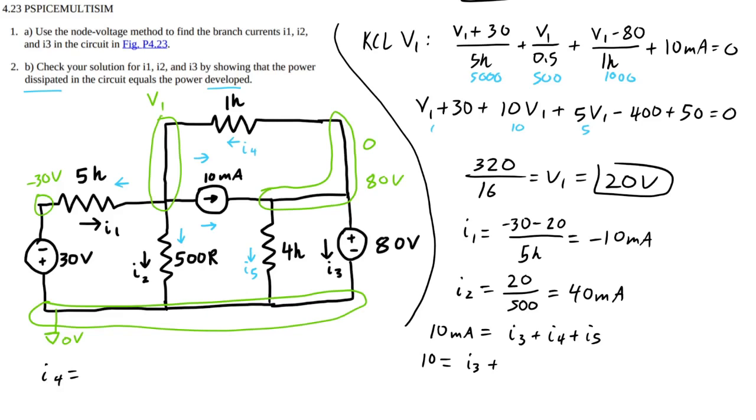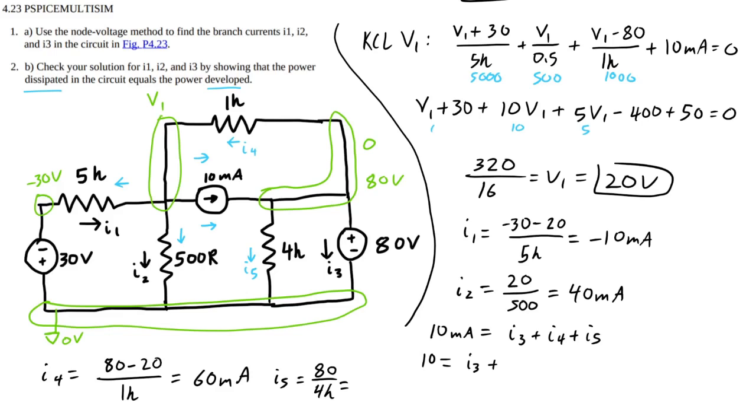We can calculate I4. I4 is going to be 80 minus V1, so 20, divided by 1K. So I believe that's 60 milliamps. Double check real quickly. 60 divided by 1,000. Yeah, it's going to be 60 milliamps. And then I5, same process. 80 divided by 4K, I think it's 20.